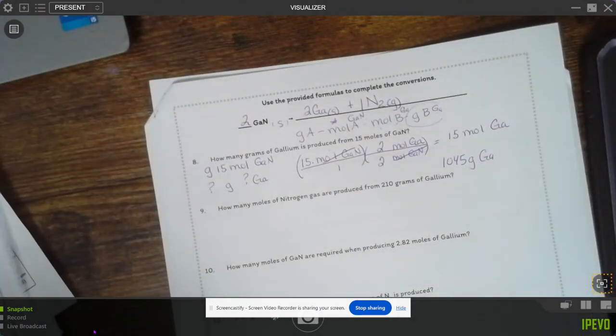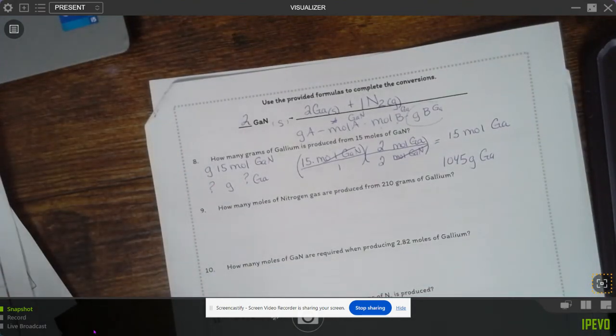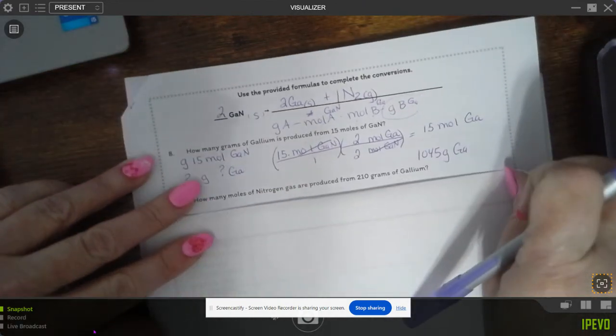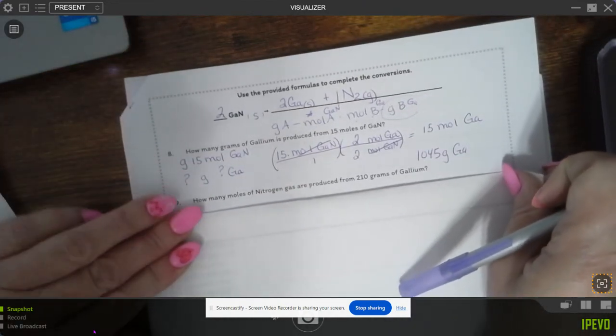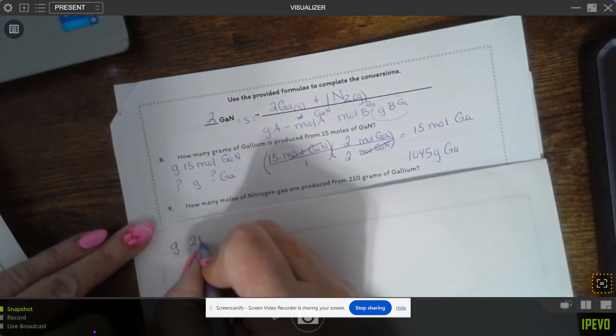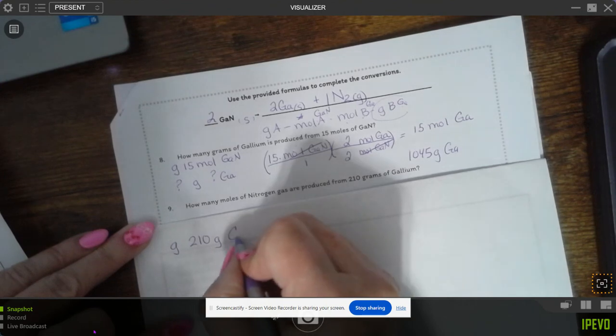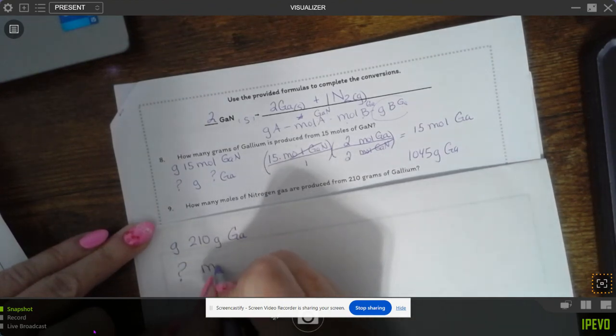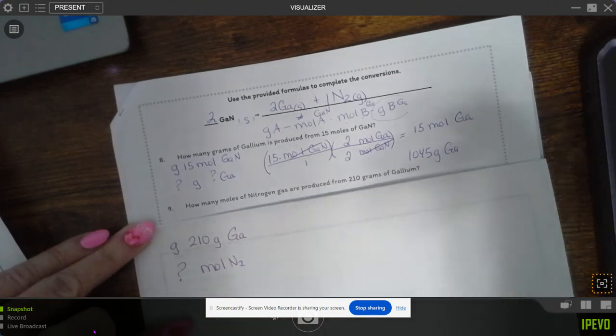All right. Second question on this problem. So we are given, our given is always going to be that thing with the number in it. So our given is 210 grams of gallium. And we want to know how many moles of nitrogen gas.